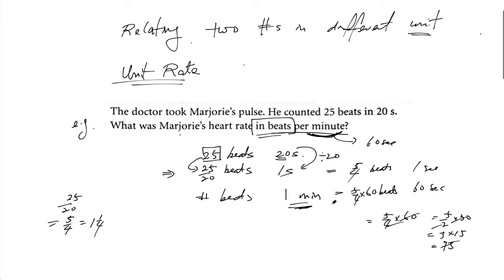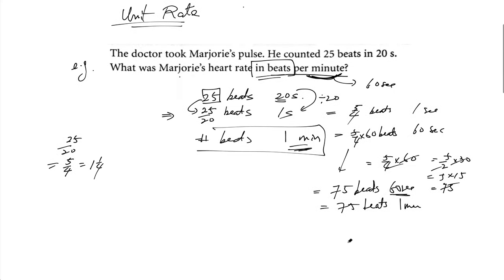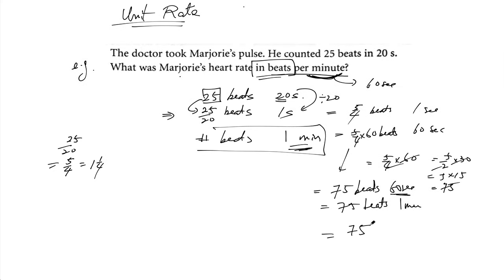So it's 75 beats in 60 seconds, which is exactly 1 minute. So you write this as 75 beats per minute.